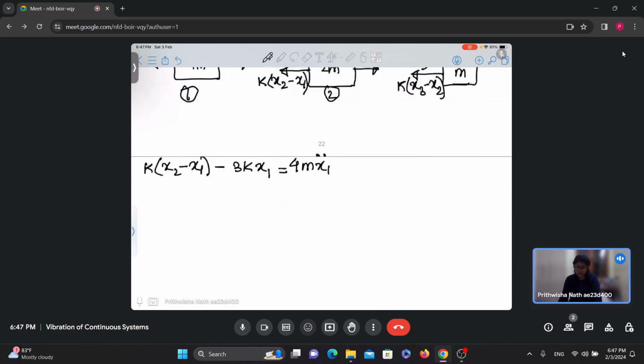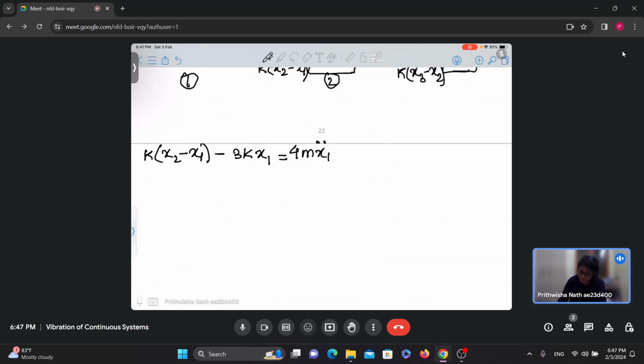Now I rearrange this expression: kx2 minus kx1 minus 3kx1 equals 4m x1 double dot.